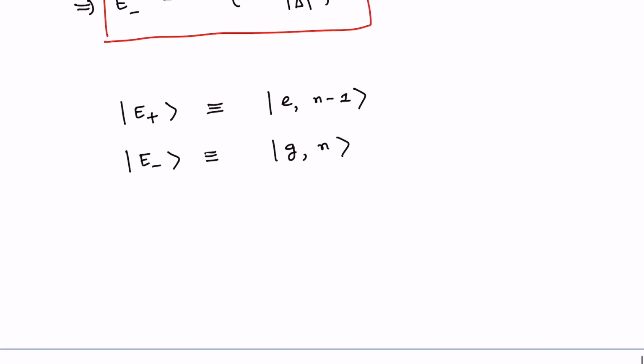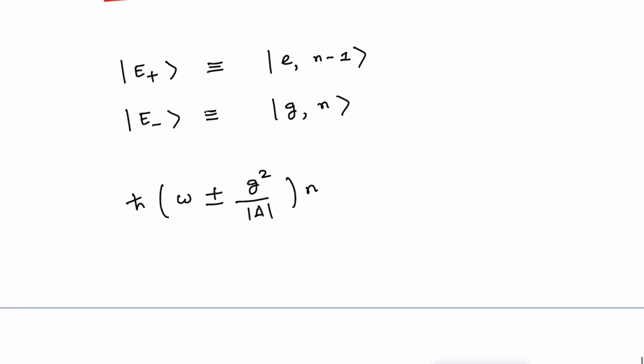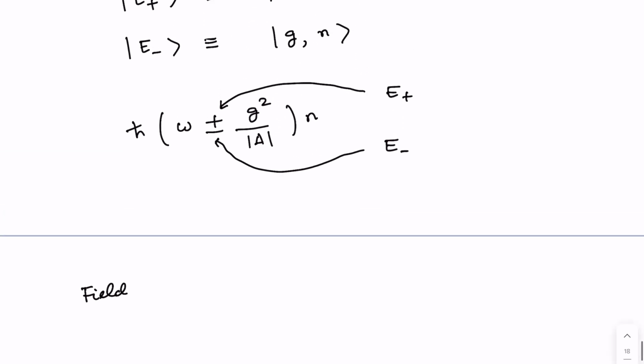Now from this term ħ(ω plus minus z² by delta) n, the plus term refers to E plus and the minus term belongs to the energy eigenvalue E minus. From this you can conclude something about the field mode frequency, because omega is the frequency of the field.